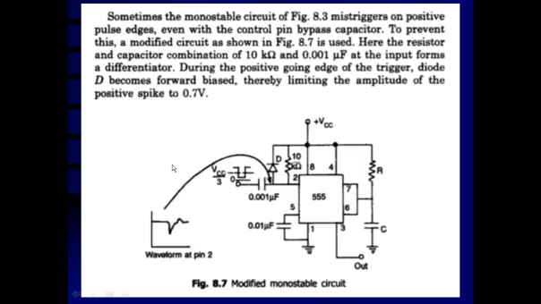For a negative going pulse, nothing is required for the triggering. But sometimes this positive going trigger, when it goes from low to high, can also trigger this IC. So to prevent that, this capacitor of 0.001 and resistance of 10K are connected, so they produce a differentiator circuit, and the differentiator spike is obtained like this. This voltage is going to be less than 0.7 volt, which will not be able to trigger this IC, and that way it will prevent false triggering.